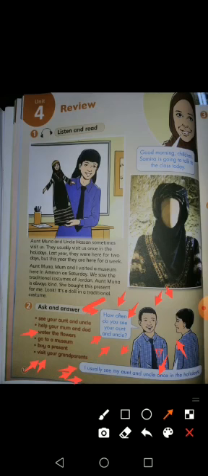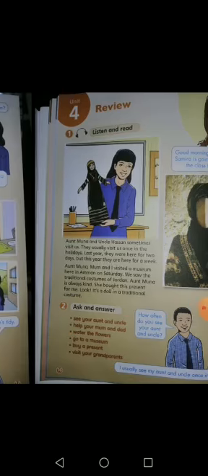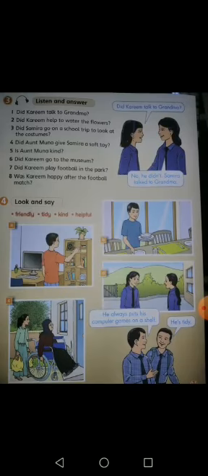So you have to use adverbs of frequency. Can you remember adverbs of frequency? Usually, sometimes, always, for example, or never. Can you remember them? Okay, so let's move to exercise number 3.